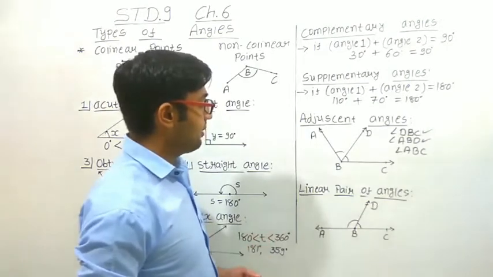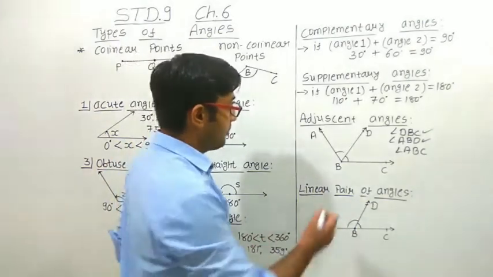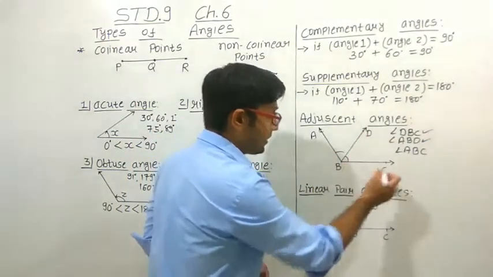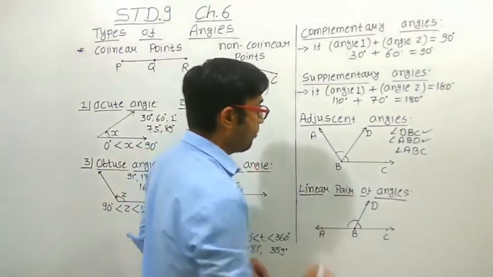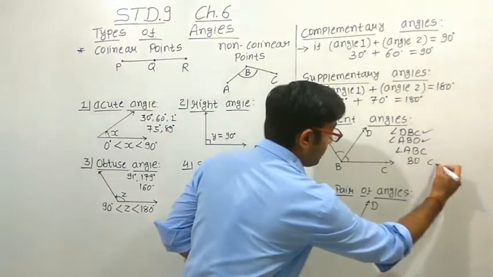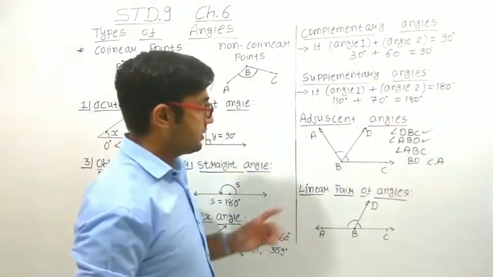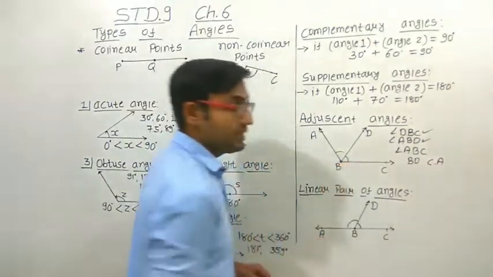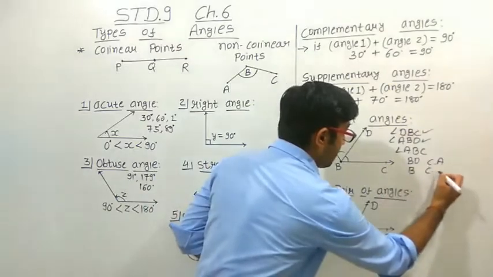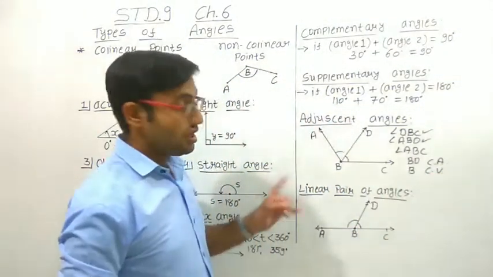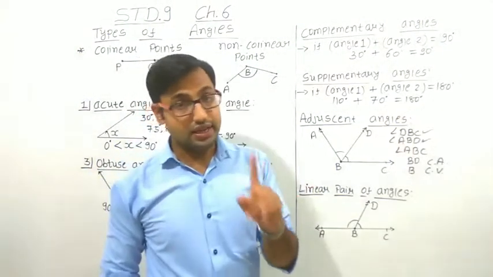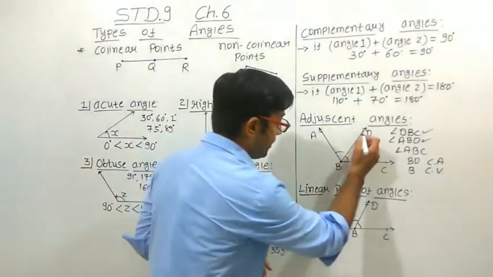So what are the three requirements to have adjacent angles? First, they must have a common arm. Both ABD and DBC have a common arm, and that common arm is BD. Then the second condition is their vertex must be the same. Here both the angles have the same vertex, B. Third and important condition: one angle has two arms, and one arm is common here, BD.